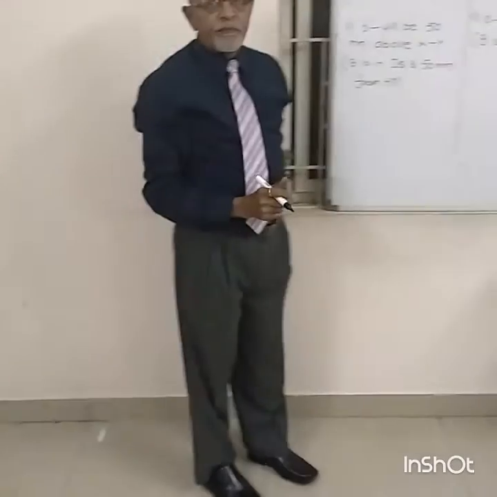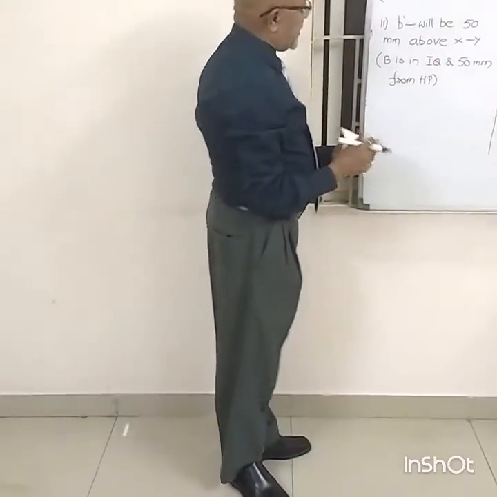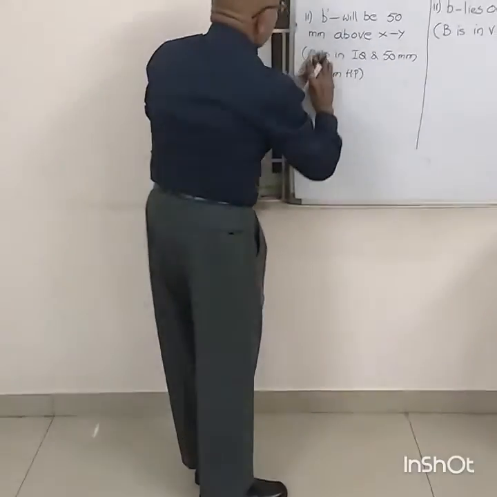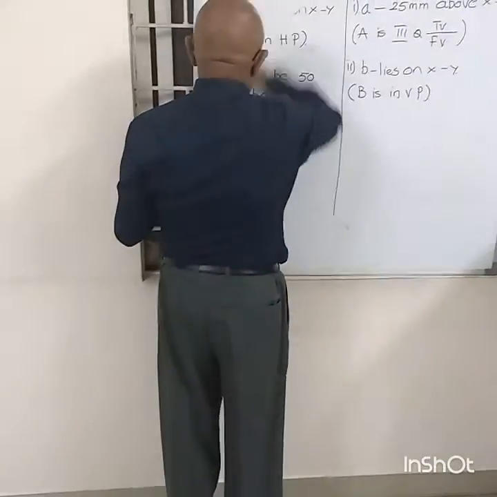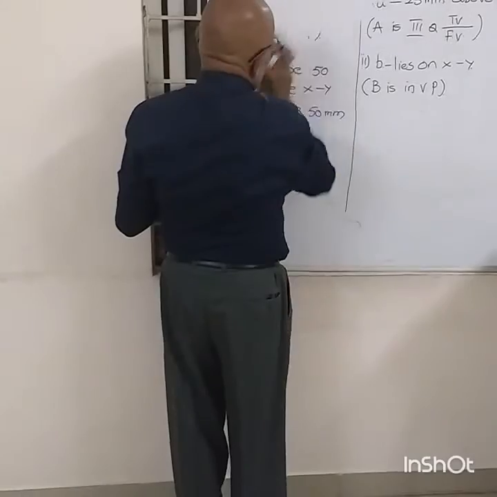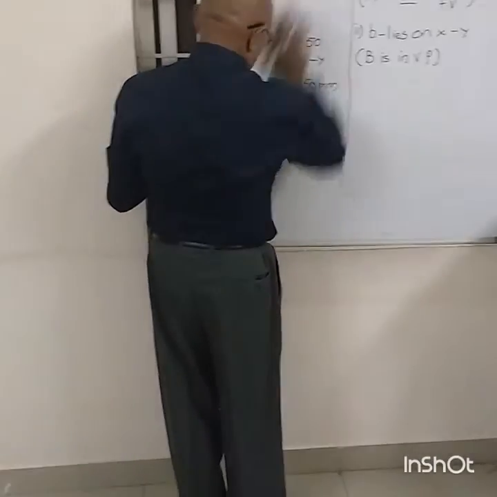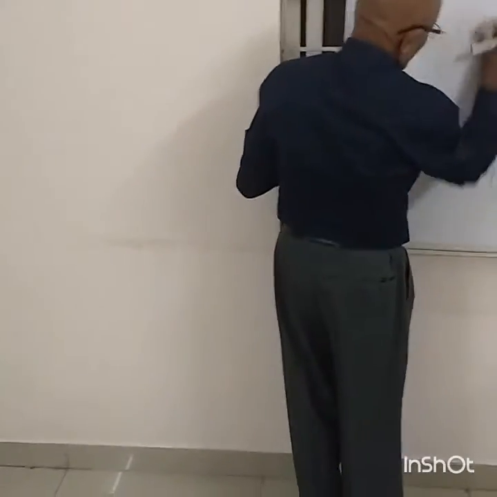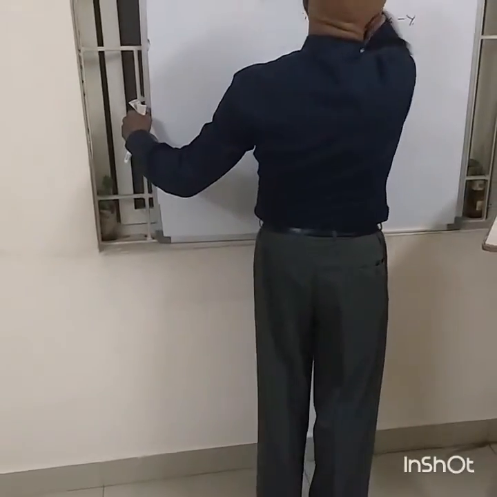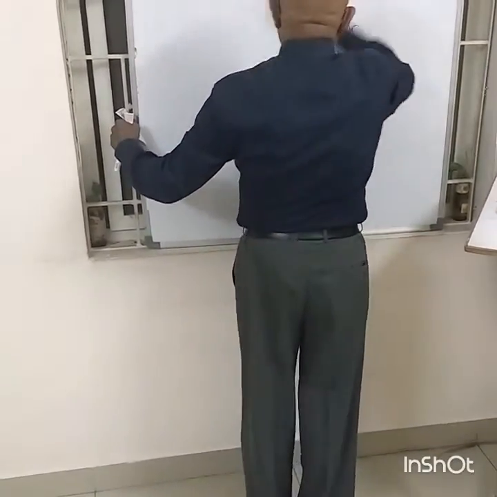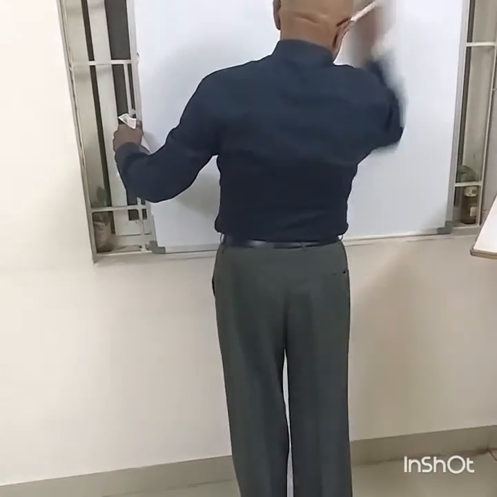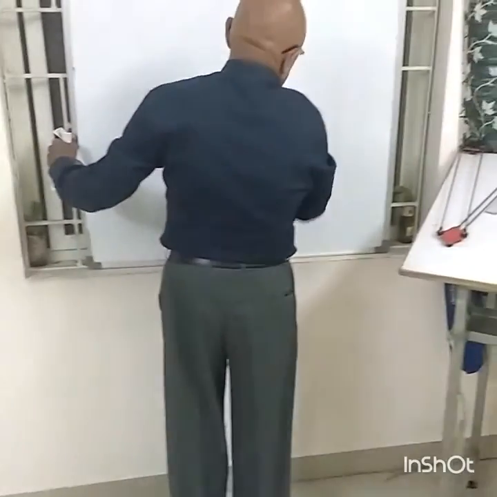Now, first project the front view of point A. We said the front view of point A will be on XY because the point is in horizontal plane. And point A is in third angle or third quadrant. And in the beginning we said in third quadrant you get your front view below the reference line XY.